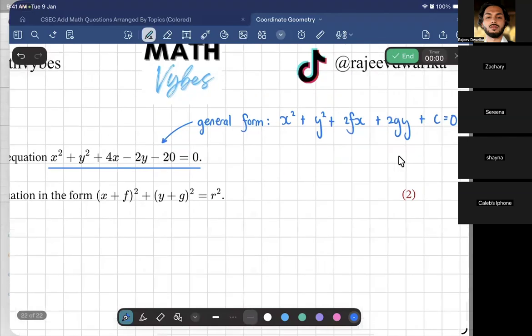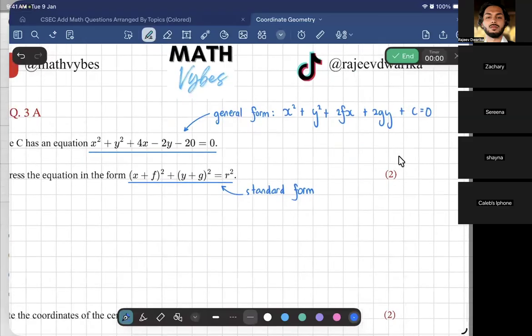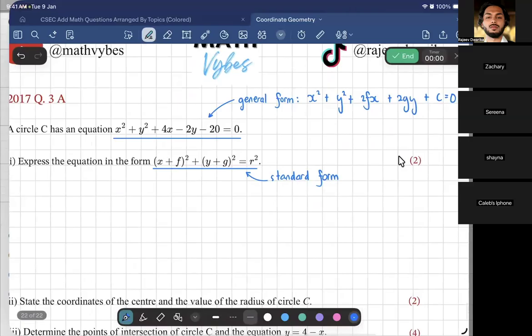Right. And what form is this? That is the standard form, sir. Right.